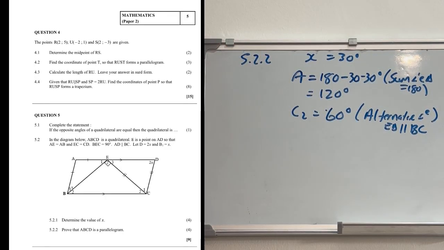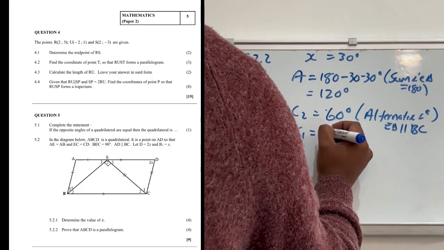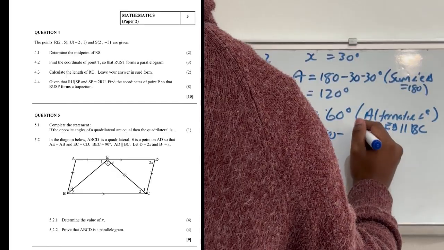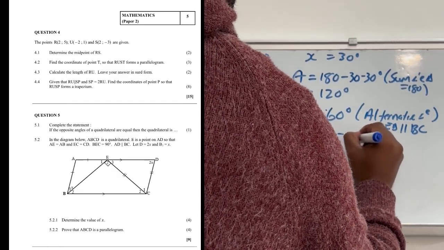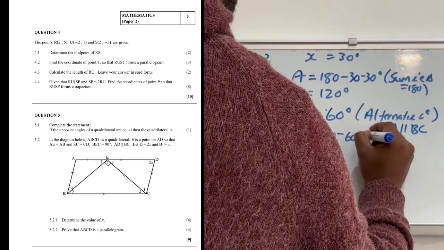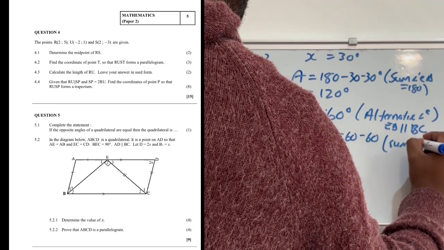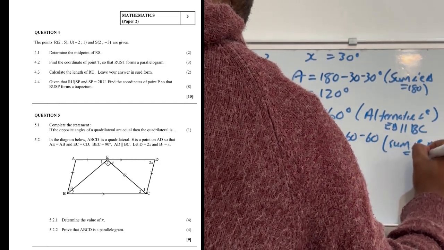Then C1 is 180 minus E3, which is 60, minus D, which is also 60, because the sum of the angles in a triangle is 180.